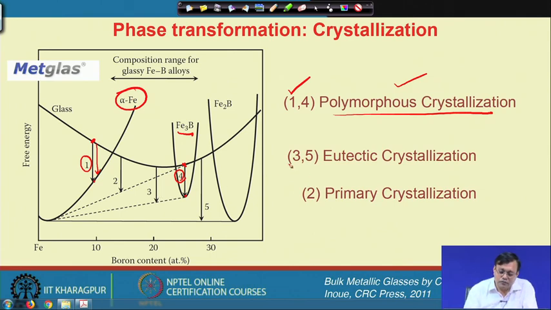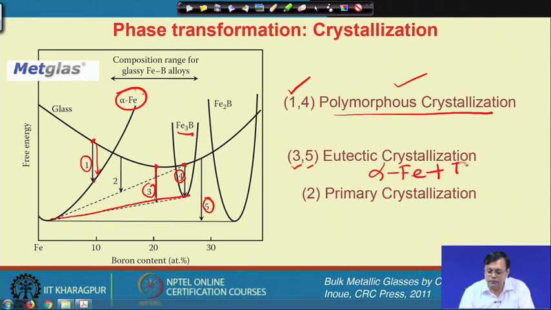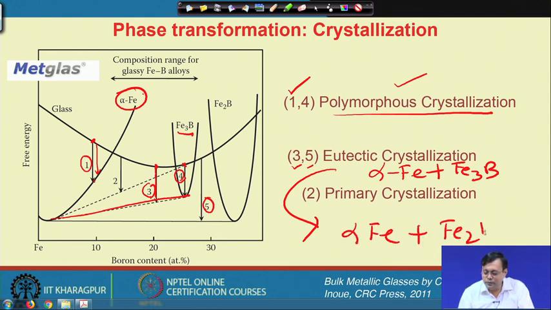However, in case of 3 and 5, if I start with such a composition and then crystallize it, I will have a chance of getting alpha iron plus Fe3B. So, this is in case 3, or maybe I can also have alpha iron plus Fe2B.